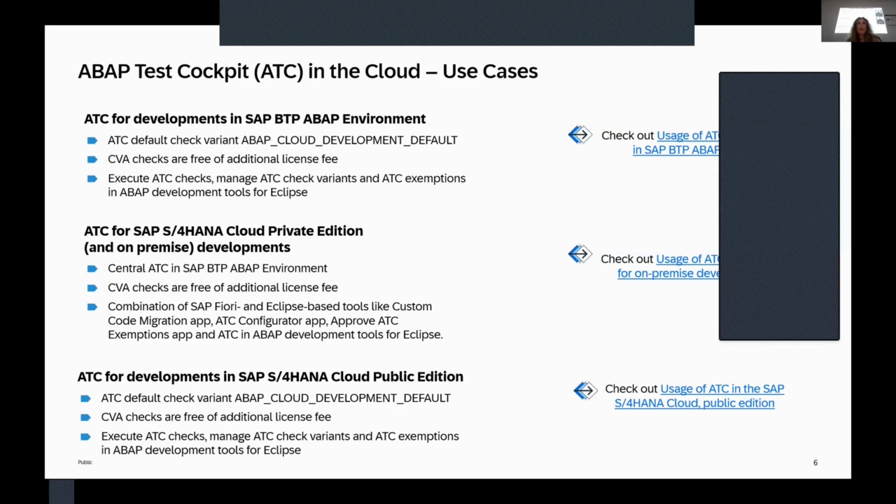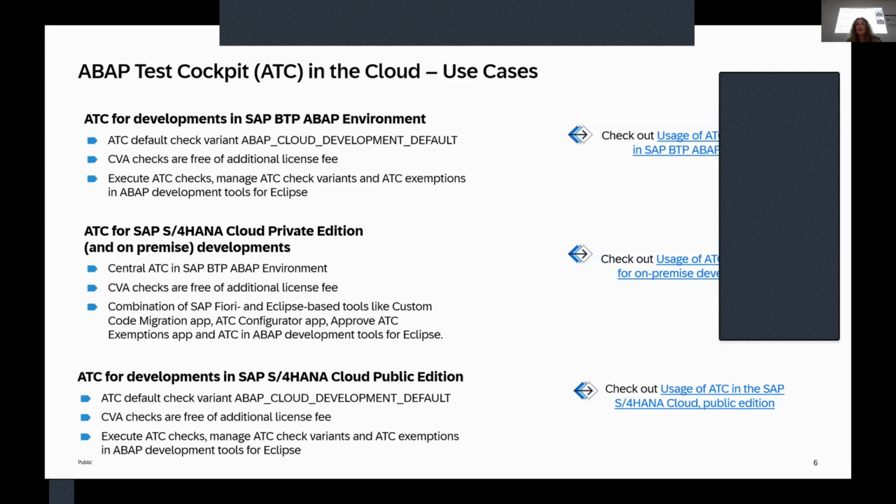You can also use CVA checks, Code Vulnerability Analyzer checks, without any additional licensing fee, which are available directly in your development system on BTP. And you can execute ATC checks, manage ATC check variants, create and approve ATC exemptions, and all this is happening inside of ABAP development tools in Eclipse.